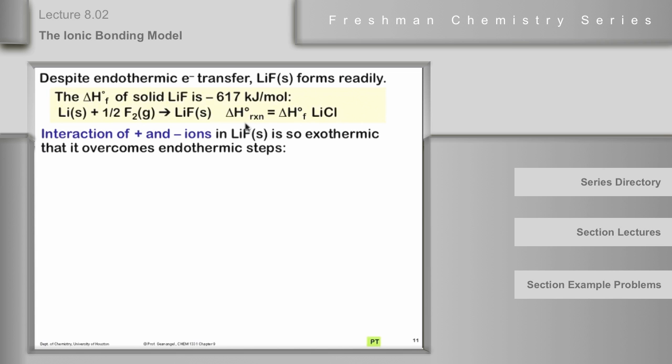But in lithium fluoride solid, the separation is not large. It's tiny. These ions are not only very close together, but nature makes the structure in such a way that each positive ion has 5 or 6 negative ions around it as nearest neighbors.